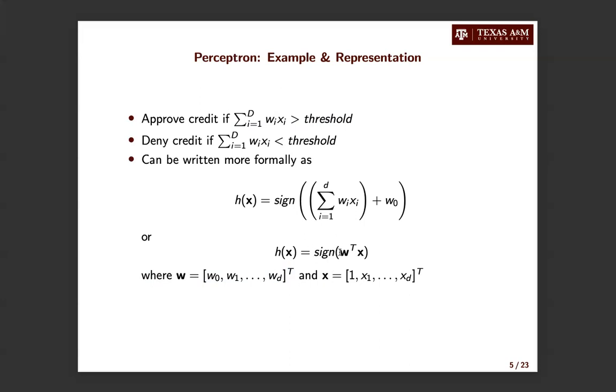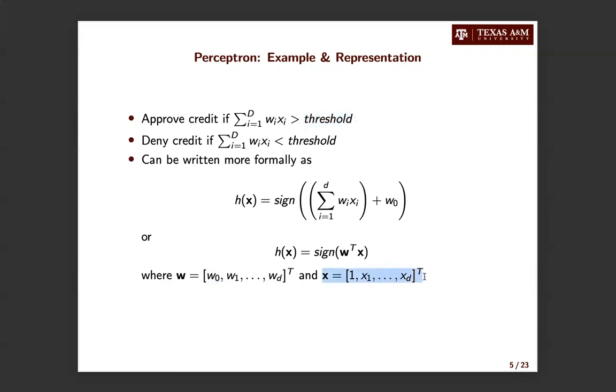So this expression entails a weight vector, and this weight vector has the weights of all the attributes of our problem, and in the beginning it also has the bias term, which again represents the inverse of the threshold in the original equation.